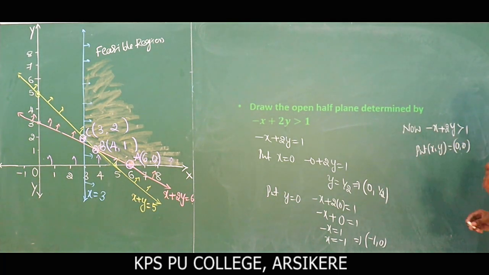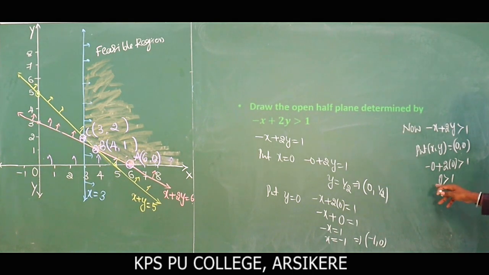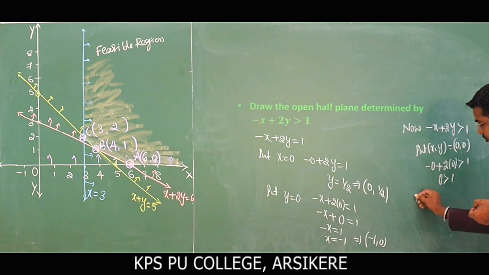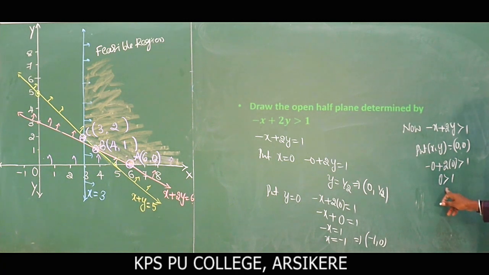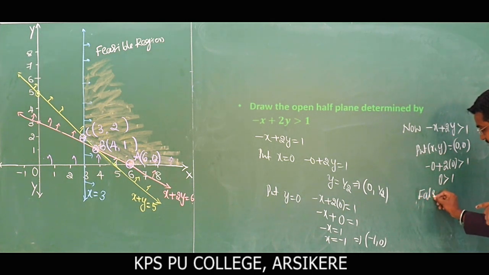Minus 0 plus 2 into 0 is greater than 1. It is 0 greater than 1. Because 2 into 0 is again 0, and 0 minus 0 leaves 0. Therefore this inequality is false, because 0 is always less than 1.